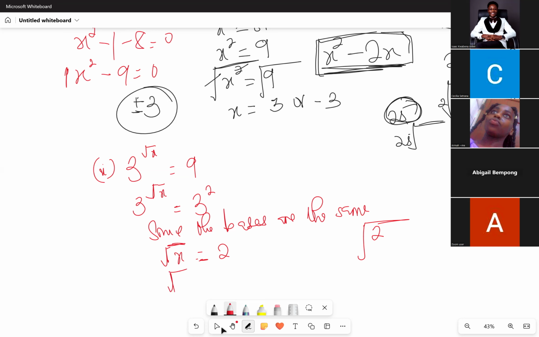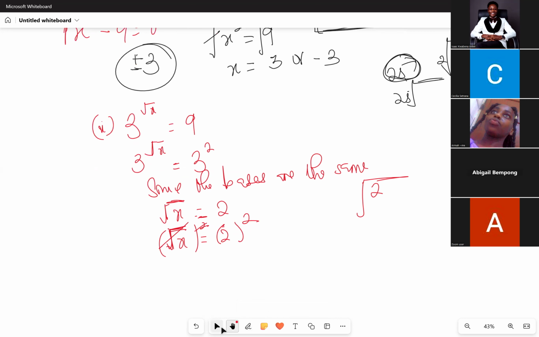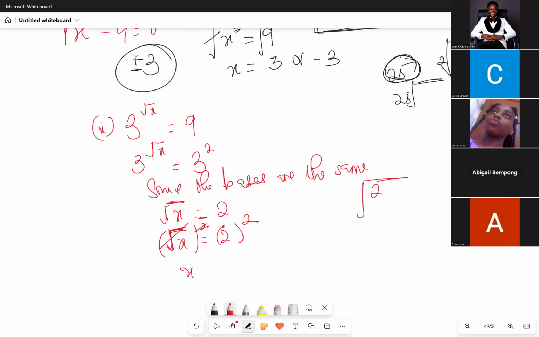So the two will cancel. Since it's a root and I want to do away with the root, I raise it to a power of 2. And in math, whatever you do on the left hand side, you have to do the same thing on the right. So x is equal to 4. What were you guys getting?